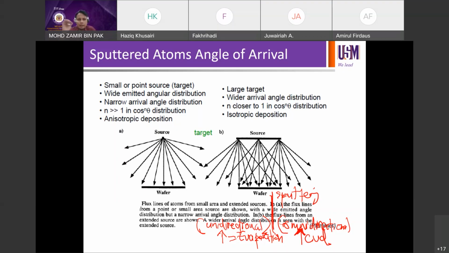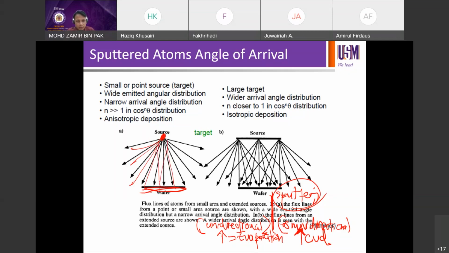So if you compare sputtered atoms, angle of arrival, this is just talking about sputtering. Don't worry about evaporation or CVD. Let's talk about the angle of arrival of atoms. If you have just one point of sputtering and this is your wafer, to be able to cover the whole wafer, your sputtering has to be quite omnidirectional, isn't it?